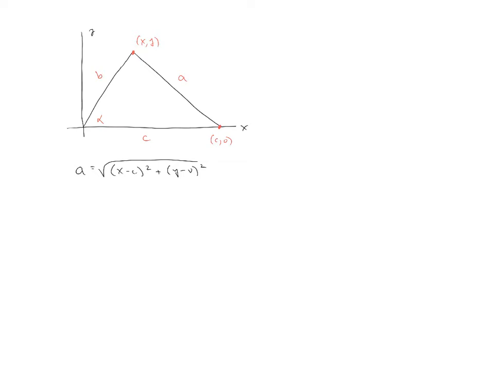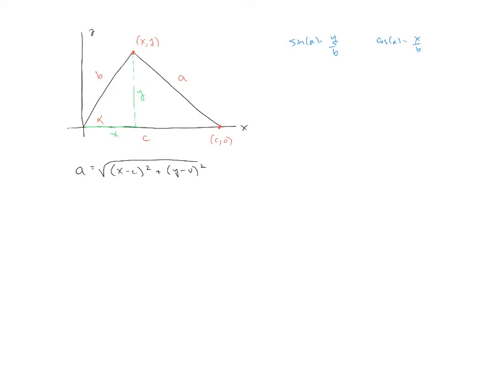That's an arbitrary point. So I'll drop a perpendicular. I know that this distance from here to here is x, and that's y. And so now I can see sine of alpha would be y over b, and cosine of alpha would be x over b.